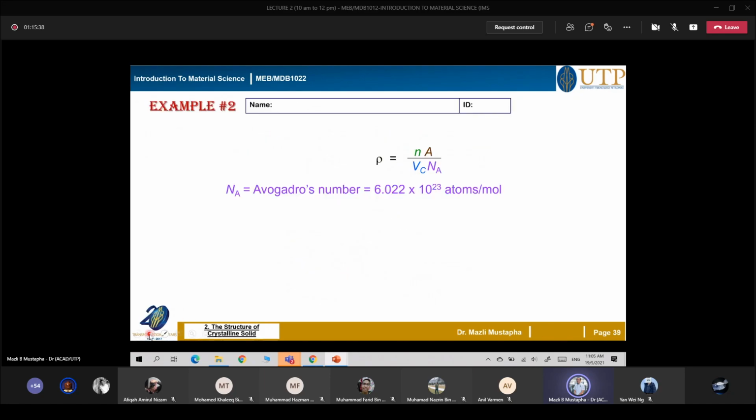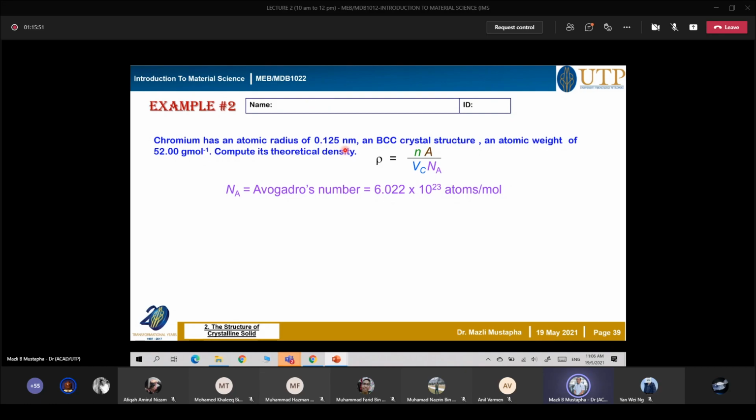Okay, I think we move to this example before we have a break. Chromium has an atomic radius of 0.125 nanometer and a body-centered cubic crystal structure. When we know that this is body-centered cubic, definitely we know the N value is 2, because it is mentioned here.